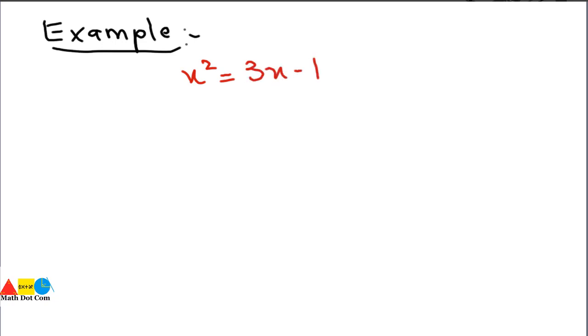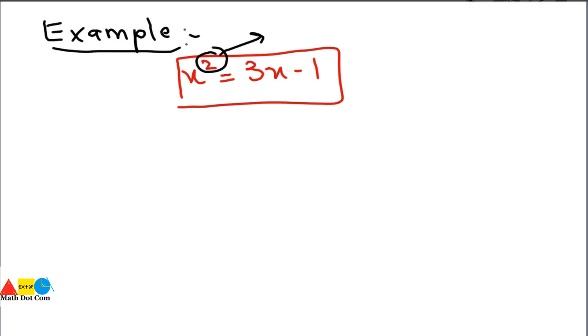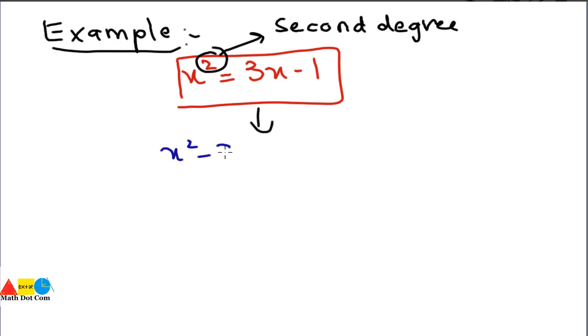By looking at this equation, you can understand one thing: the highest power in this equation is 2, that is, it is a second degree equation. It will come to your mind quickly that since it's second degree, we must write it in the standard form of the quadratic equation. So we can convert this equation into x square minus 3x plus 1 equals 0.